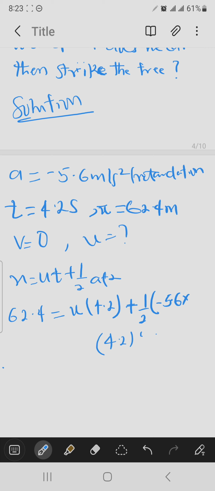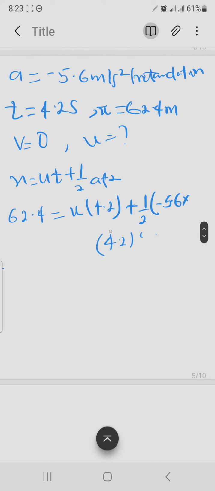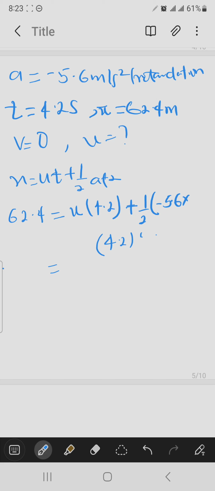So now doing this, when you multiply this one by u, we have 4.2u plus this one is going to be minus 5.6 multiplied by 4.2 squared, which is half at squared, because a is minus 5.6 and t is 4.2 squared. 4.2 squared will be 17.64.